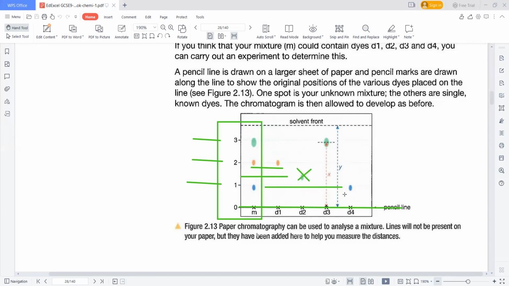If blue colored ink is present in D4, you can see the match. When it comes to D3, it is somewhat relatable. That is how we can identify impurity by looking at the chromatography, because whenever an impurity is present, it is not going to match any sample dye. Okay, I hope this is clear now.